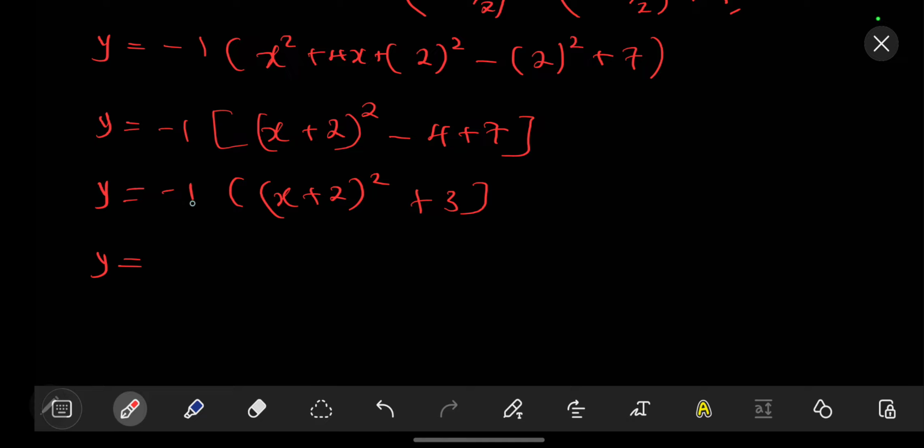We are going to multiply this negative throughout. So we have negative, open brackets, x plus 2 squared minus 3.